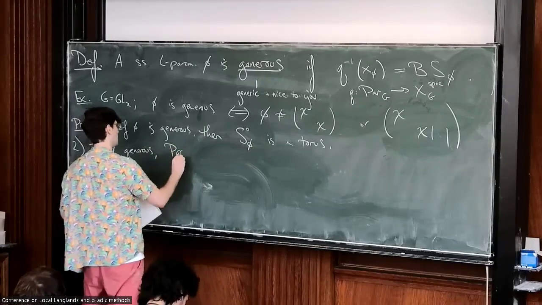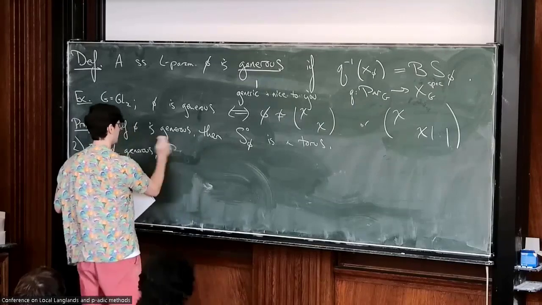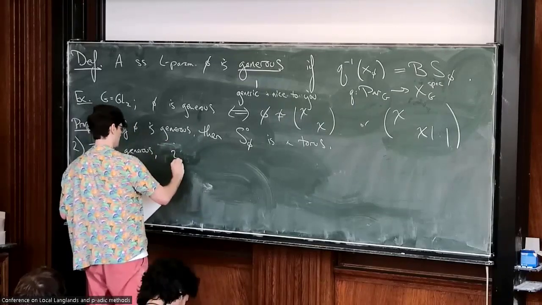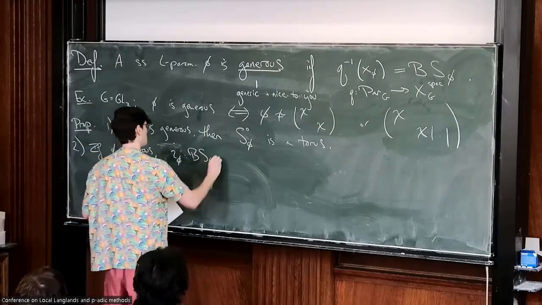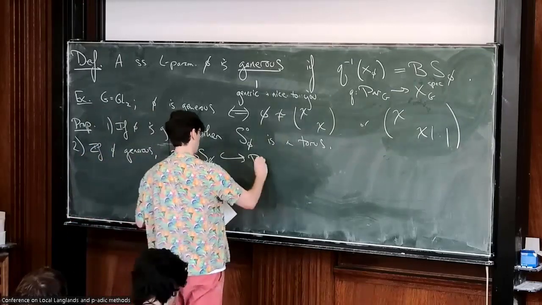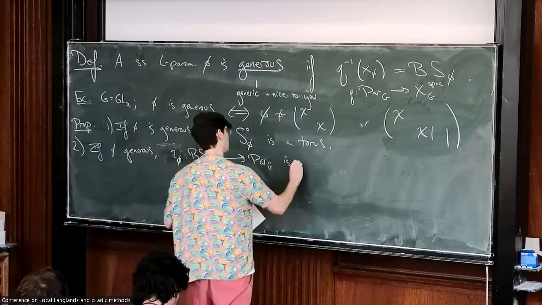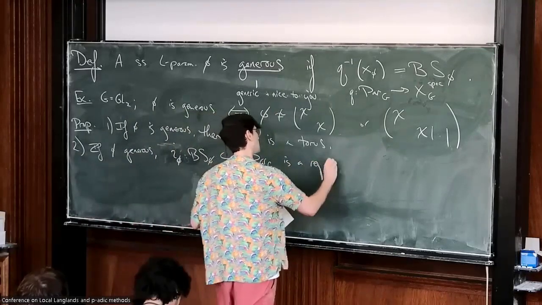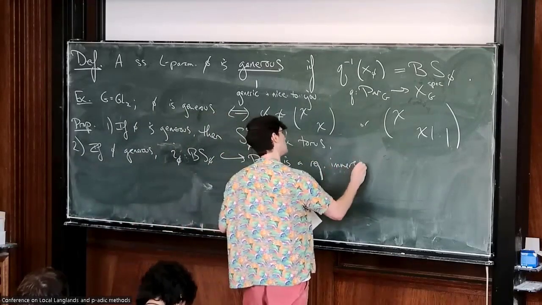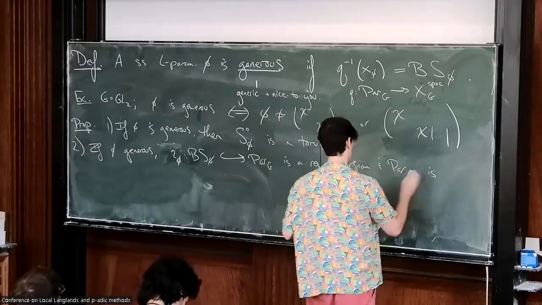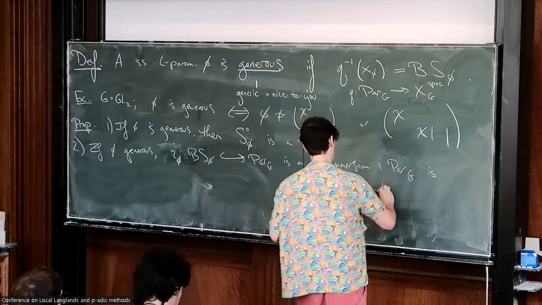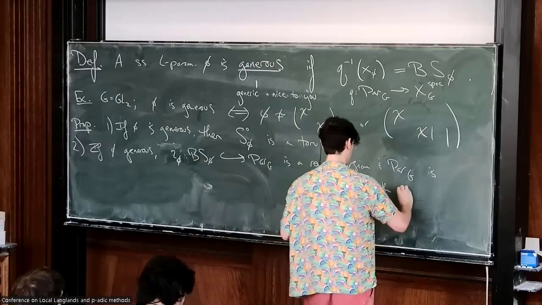So then, how do I say this? Let me call this map I_phi. So this is the canonical map coming from the definition. So this is a regular immersion, and the stack of parameters is smooth in a neighborhood of it.